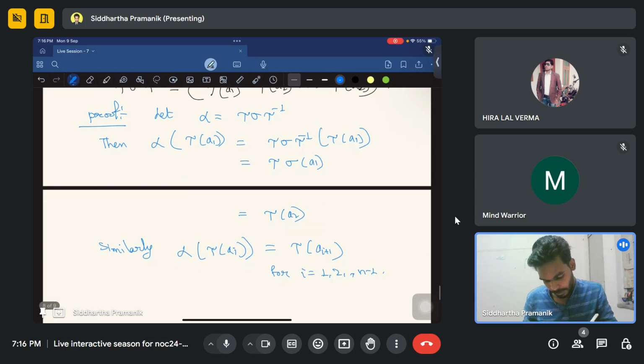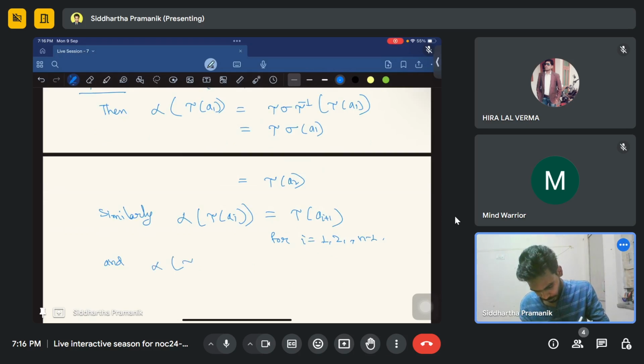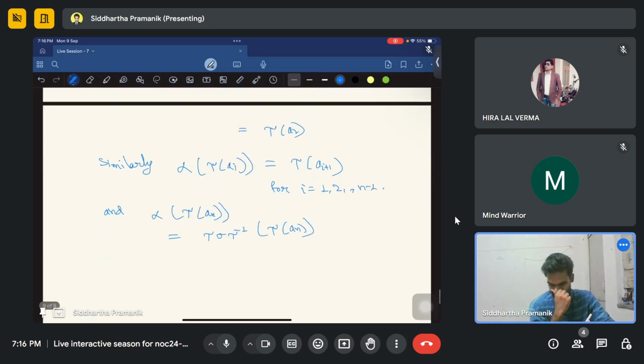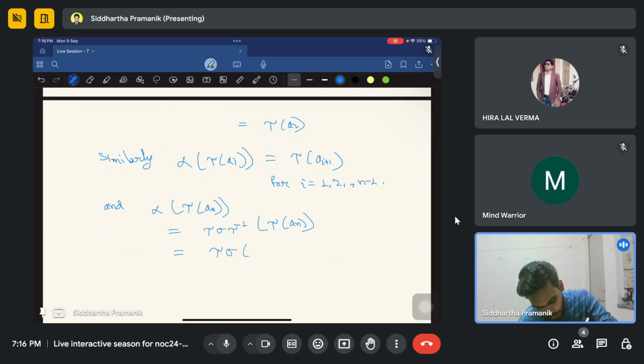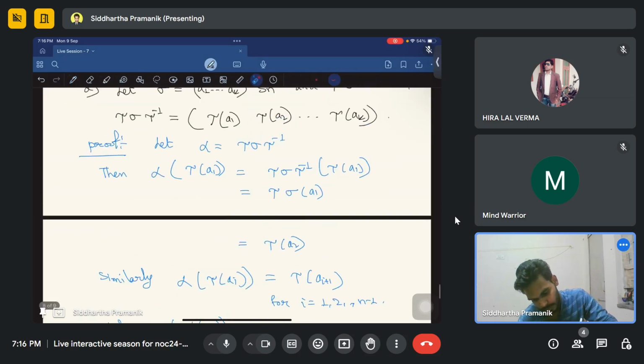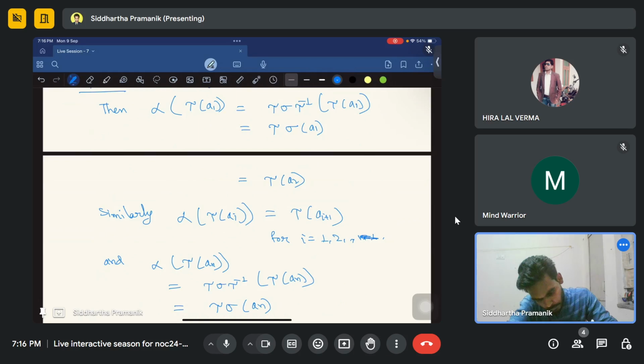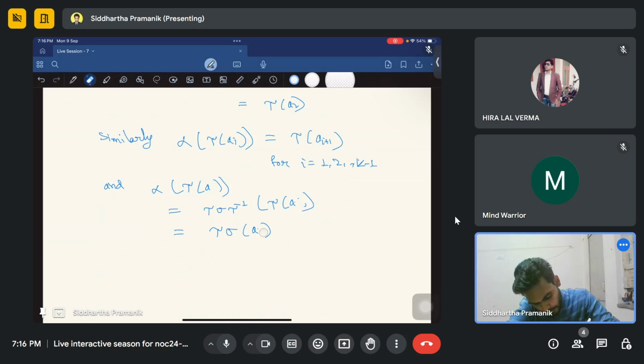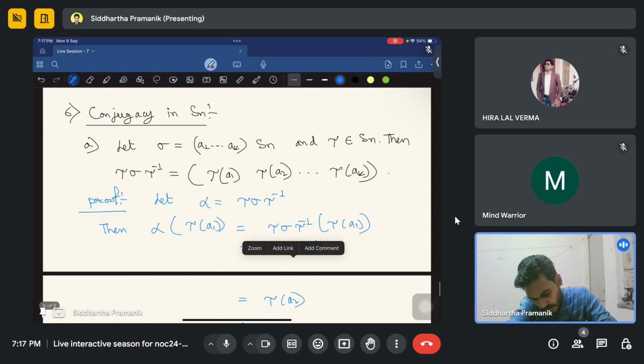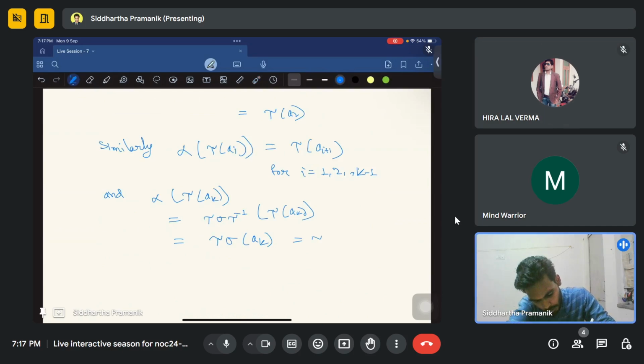And what about tau ak? Alpha of tau of ak is the same as tau sigma tau inverse of tau of ak, which is tau of sigma of ak. Now sigma of ak is just a1, so it is tau of a1.